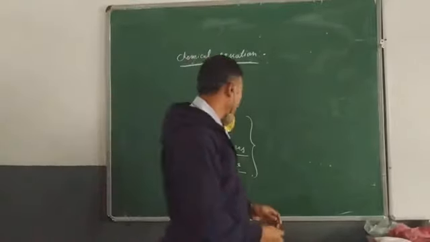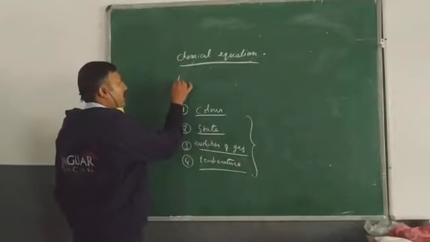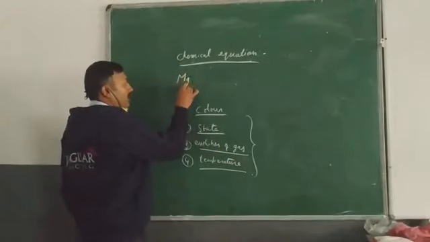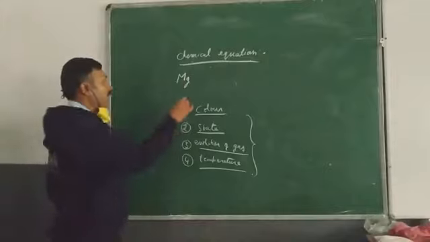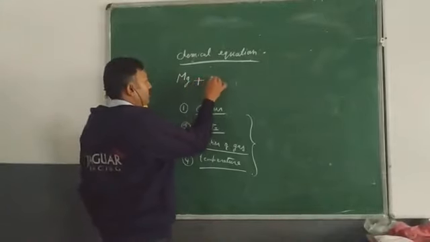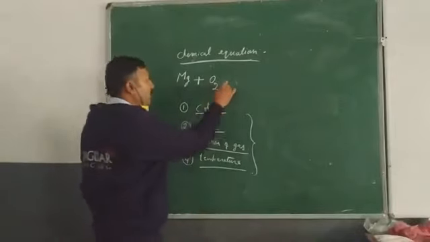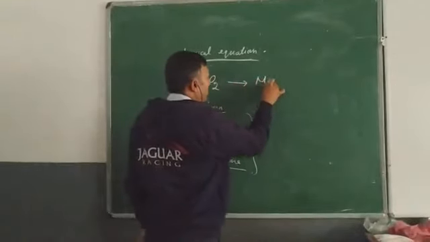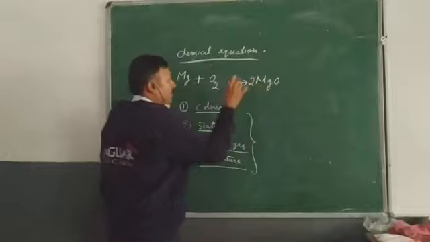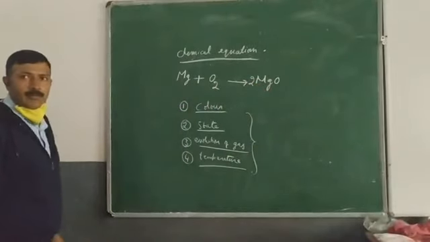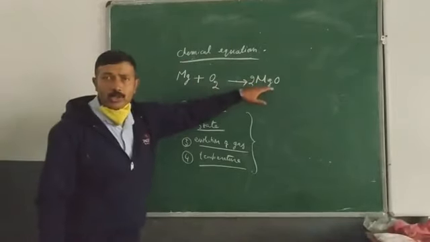For example, let me take a magnesium ribbon. The formula of magnesium is Mg, and you heat it, that is, you burn the magnesium, with oxygen. It forms magnesium oxide. So this is a chemical reaction which is written in a short form.